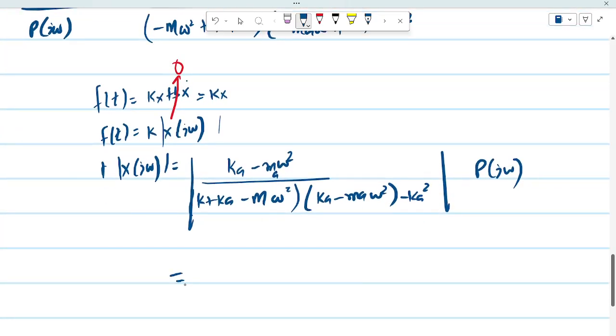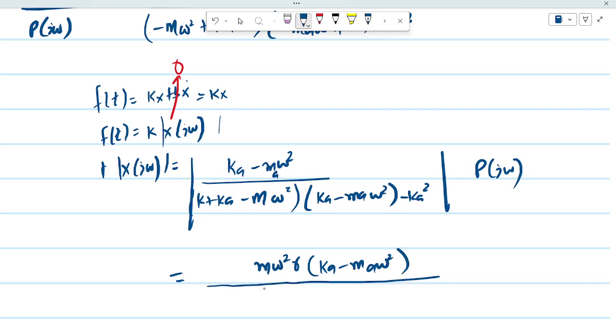You can further simplify these equations. You can open up this P iota omega, so it will become equals to M omega square R into Ka minus Ma omega square. Just keep in mind omega is the excitation frequency.